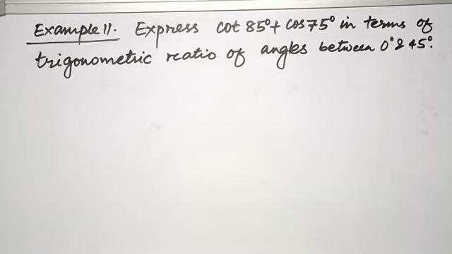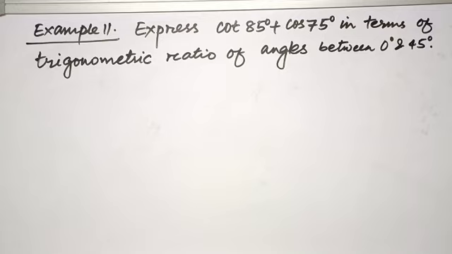Now example 11 says express cot 85 plus cos 75 in terms of trigonometric ratio of angle between 0 and 45. You see here the given expression is cot 85 plus cos 75, and 85 is greater than 45 degree, right?